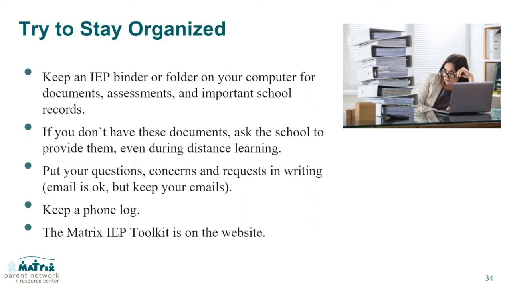Also, anytime you have a substantive interchange with a teacher or school administrator or other agency, put it in writing. It can be email, but if you put it in email, keep your emails. Don't delete them. It may even be a good idea to print them out.